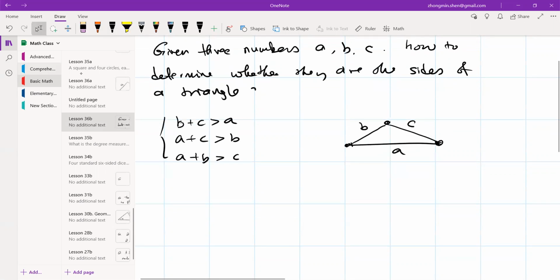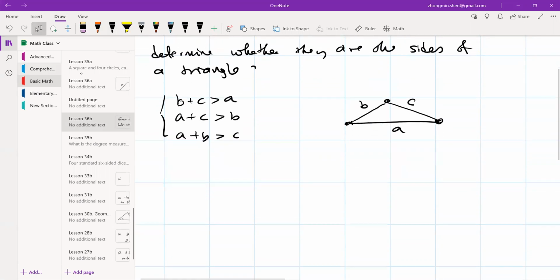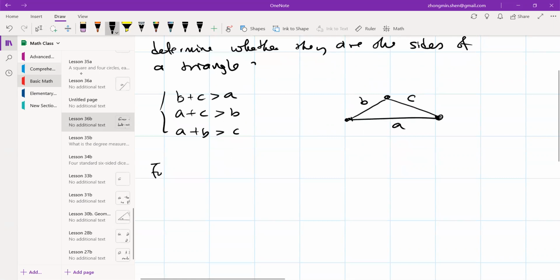So the special case is an isosceles triangle.